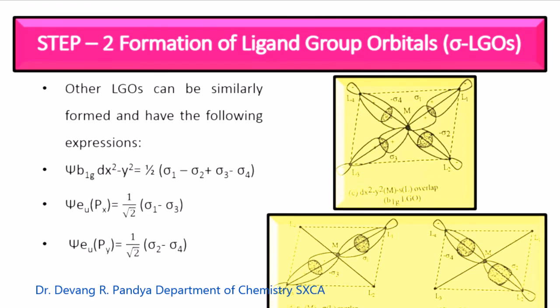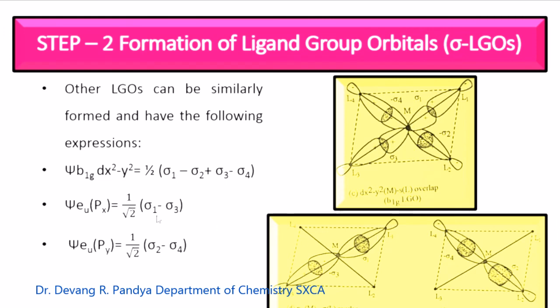So here Eu is there. U stands for ungerade, that is unsymmetrical arrangement. PX and PY have an unsymmetrical arrangement over here in this picture. You can see this is for PX of the central metal ion: the positive pole is towards ligand 1, the negative pole is towards ligand 3.